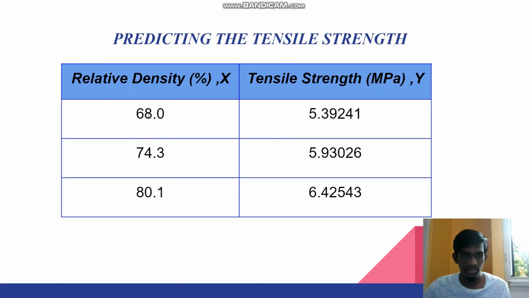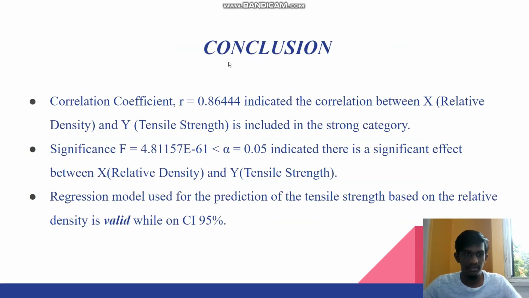By substituting the x value, I get the tensile strength for each relative density, which is these three values. For the conclusion, the correlation coefficient R equals 0.86444, indicating the correlation between x and y, which are relative density and tensile strength, is in the strong category.